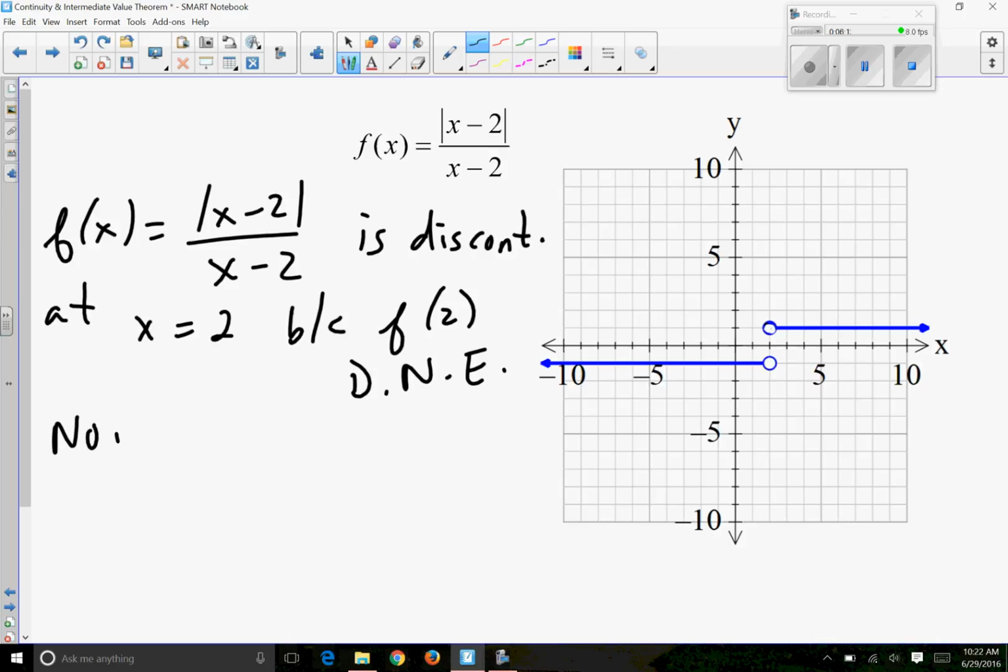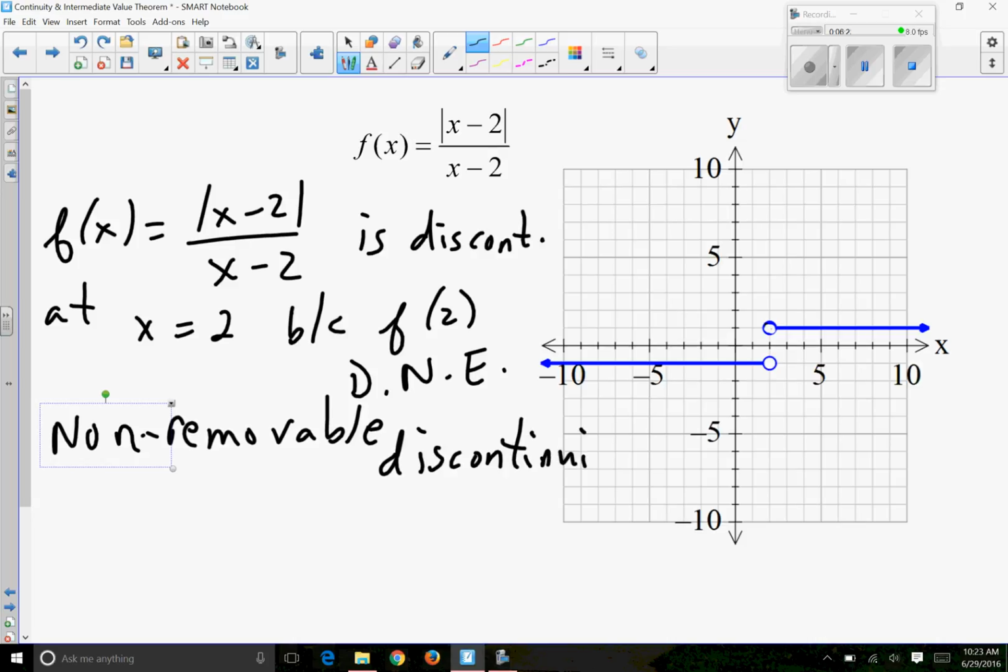It is a non-removable discontinuity at x equals 2.